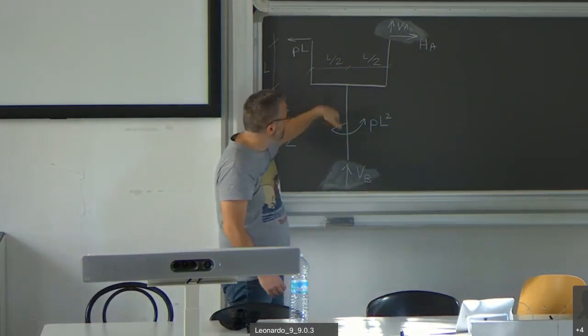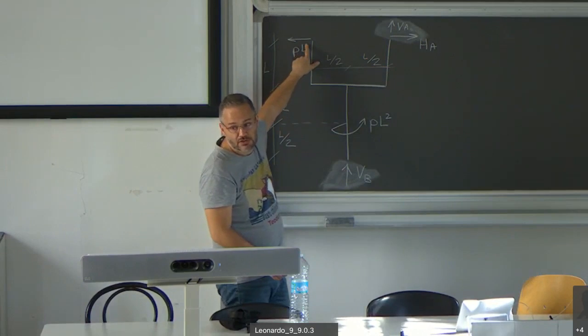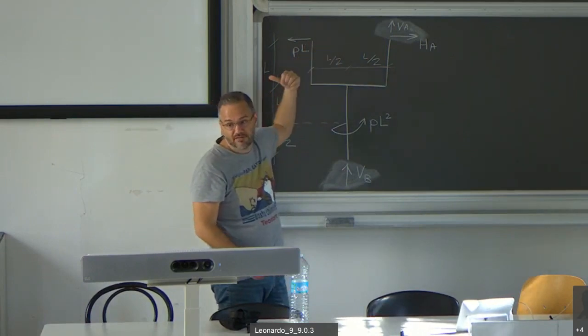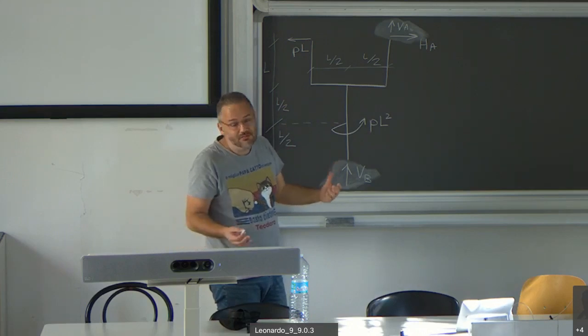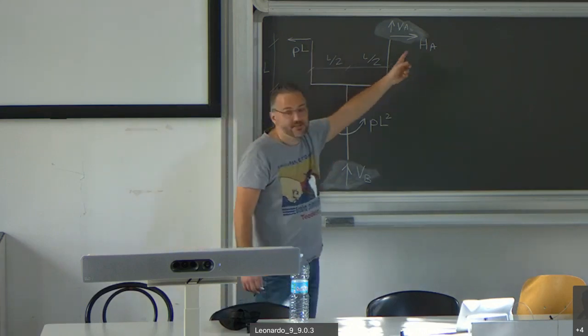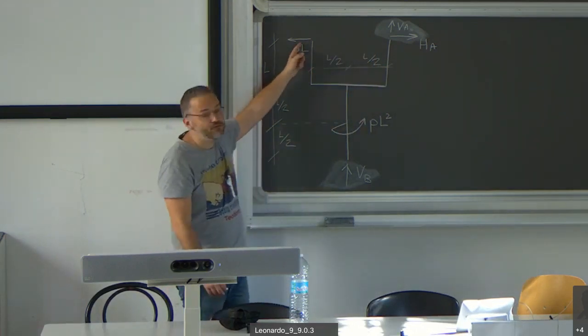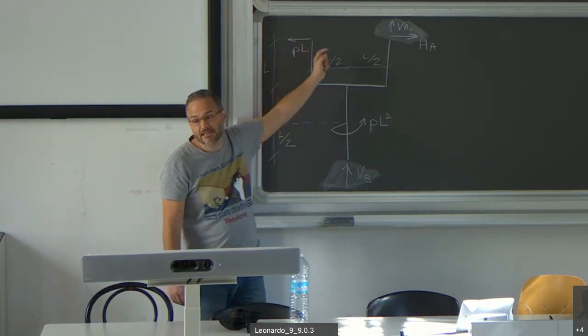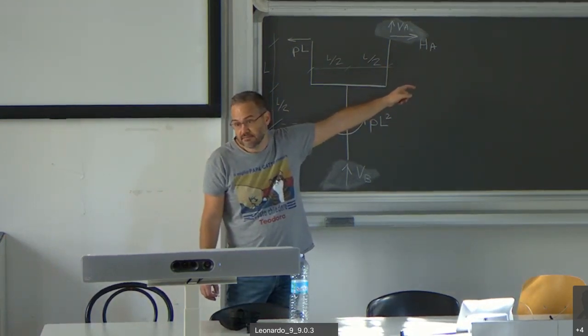The structure is subjected to 1 horizontal force which points to the left. What do I expect? I reasonably expect that this HA will counteract the applied force, and since this force is directed to the left, I expect this to be directed to the right.